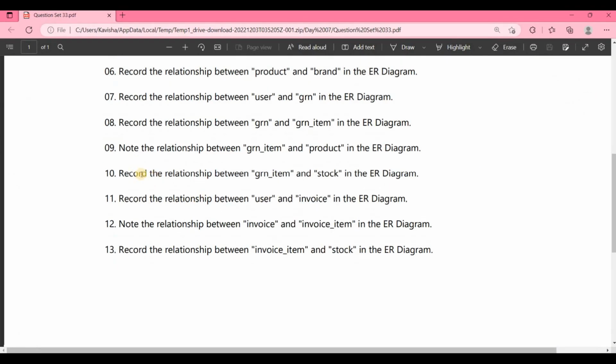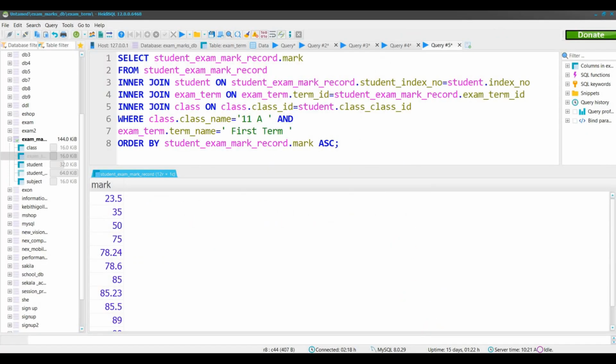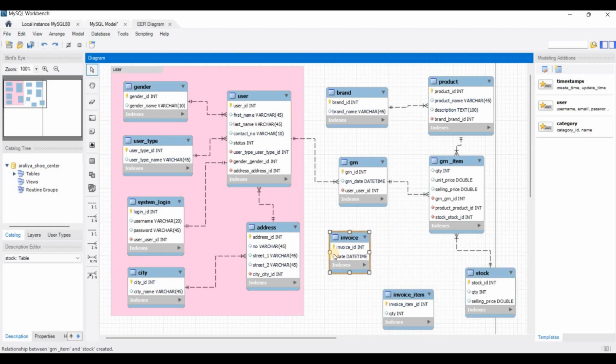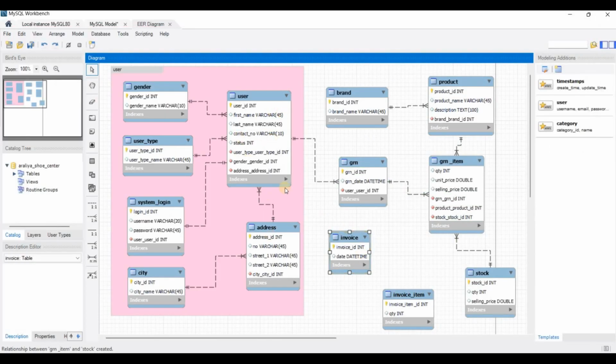In the next question, we have to record the relationship between user and the invoice table. So here's the invoice table and here's the user table. We want to find the relationship between user and the invoice table. One user may have one or more invoices.